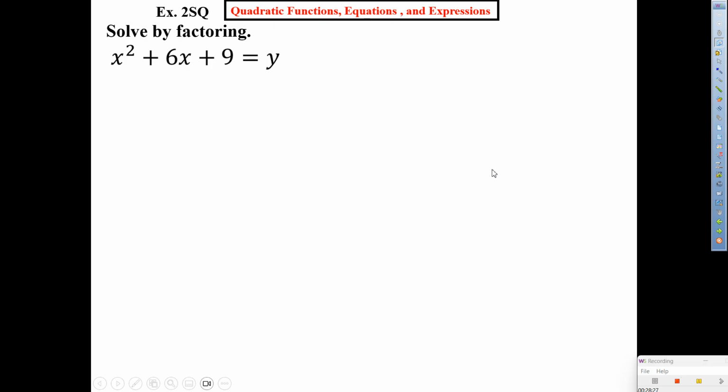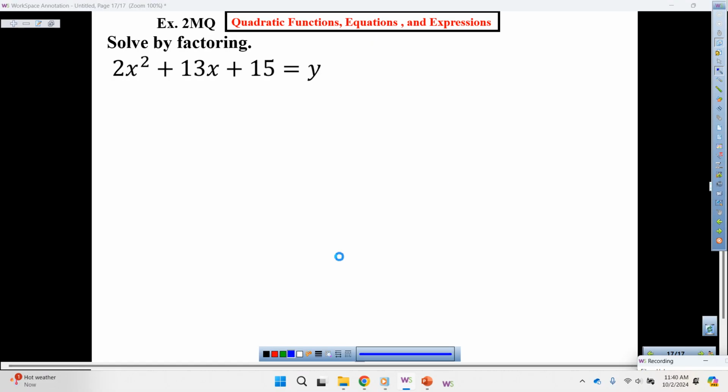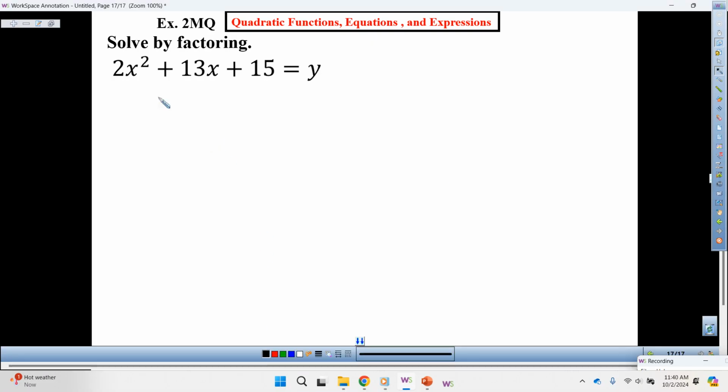Example 2 mega cube. 2x squared plus 13x plus 15 equals y. Do this one together. Here you go. Is it in standard form? Let's check. 2, 1, 0. Yes.